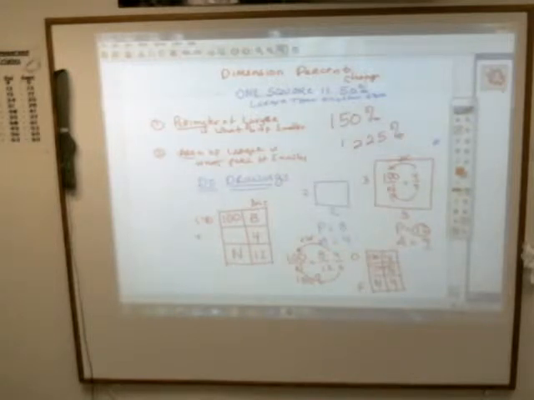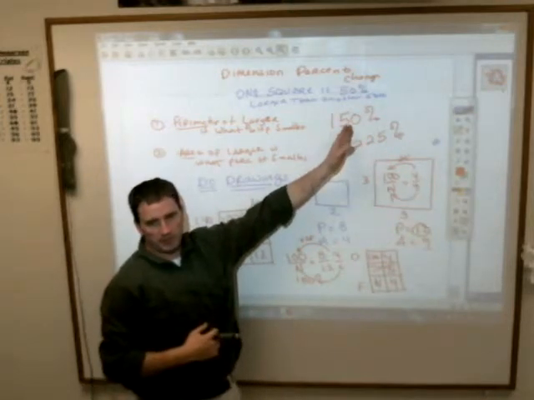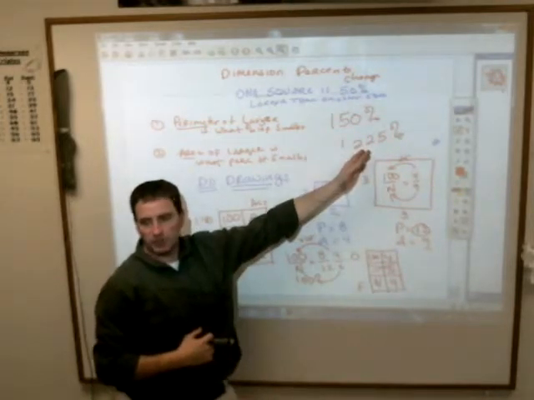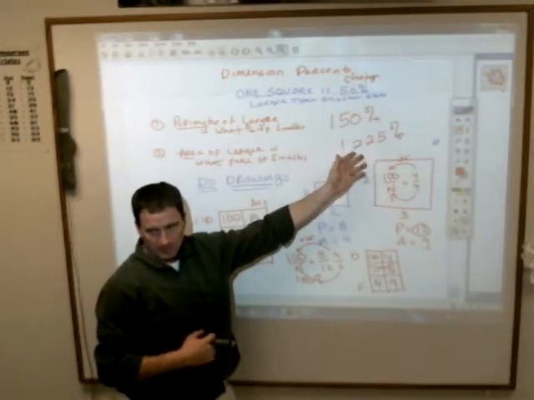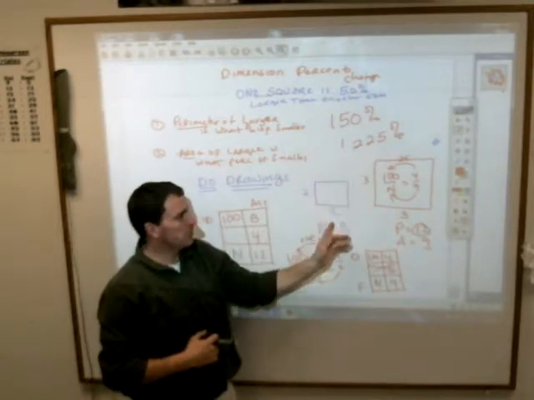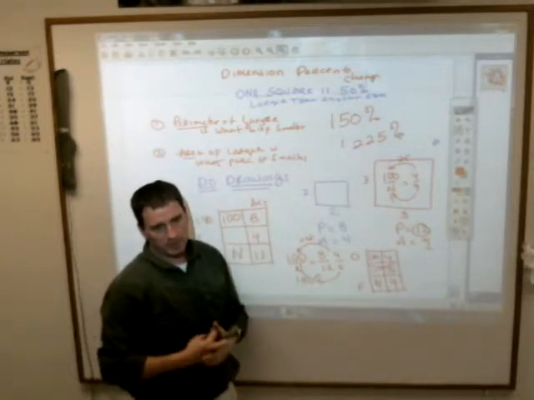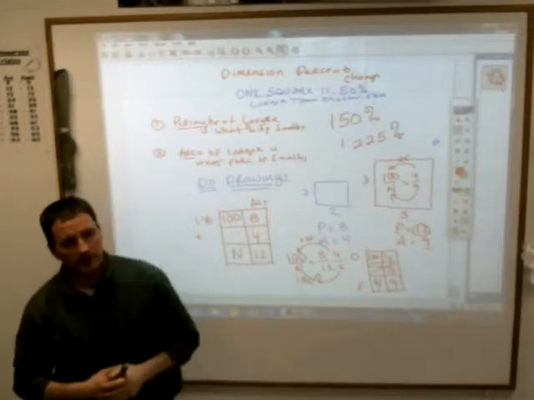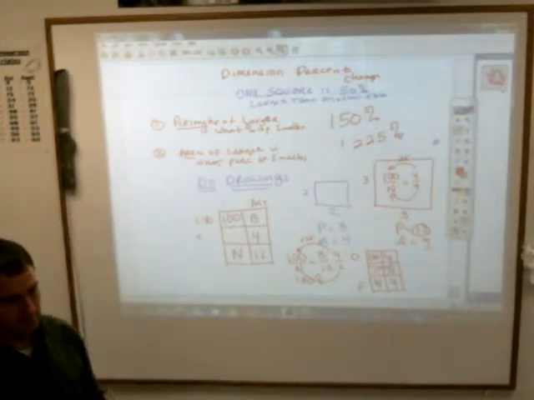Okay. Now why, ladies and gentlemen, is the perimeter 150% bigger, but the area is 225%? Can anybody give me the answer to that question? It's the same square, went up the same amount. Why is the area so much bigger percentage-wise than the perimeter would be? And again, it's because of what simple little fact?